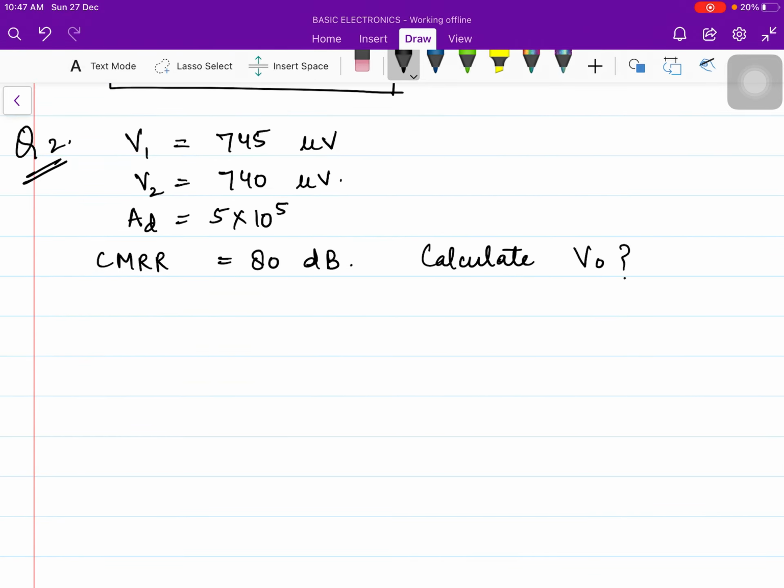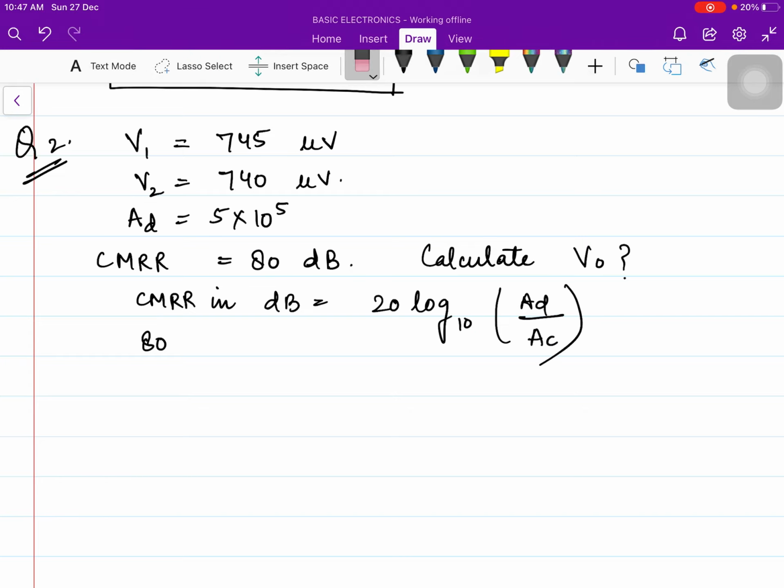So I hope everybody can solve it in decibels, or you can write down the formula in decibels first. CMRR in decibels is equal to 20 log base 10 AD upon AC. Is it correct? Now what you have to do?